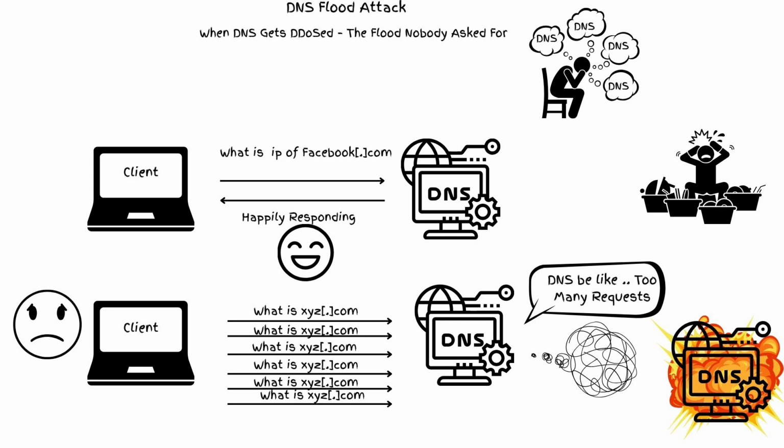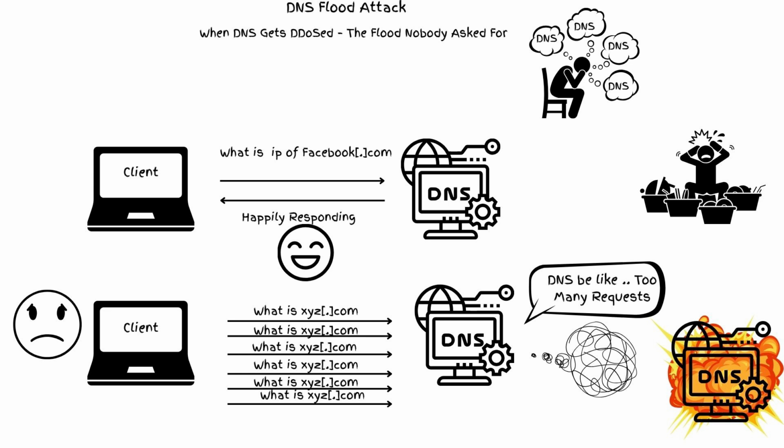In a DNS flood attack, there are numerous unresolved domain names which you query to your domain name server. Now the actual mechanism of the domain name server is to resolve the IP address for you. But if you keep on asking for domains which never existed, your DNS will not give you any response.